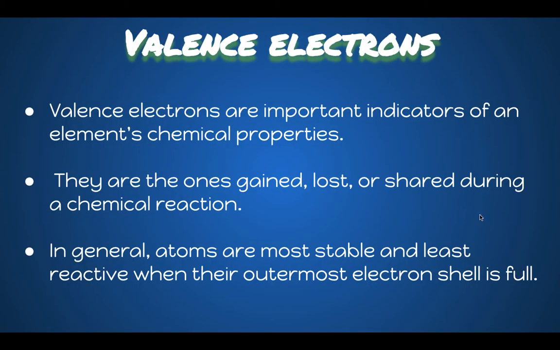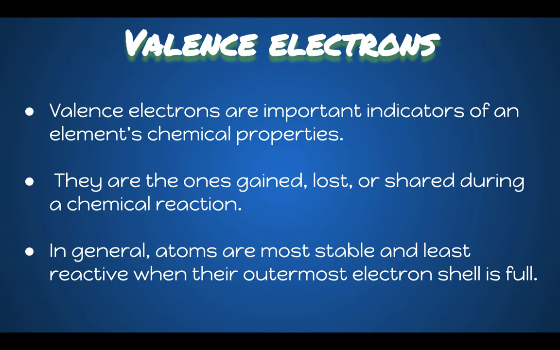Something we need to know about valence electrons, because that was half of our focus: protons determine the element's identity, while valence electrons are important indicators of an element's chemical properties. They are the ones gained, lost, or shared during a chemical reaction. In general, atoms are most stable and least reactive when their outermost shell is full.